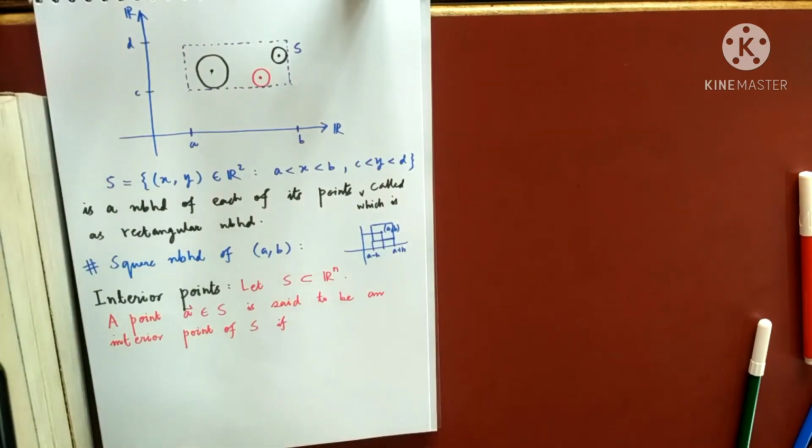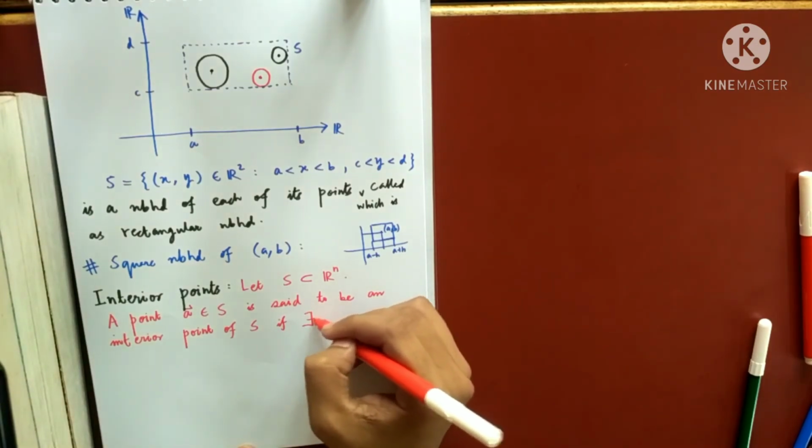if, I can simply say in two ways, if S is a neighborhood of A. I can also define it in that way: when can I say that A is an interior point of S? If S is a neighborhood of A, or what was the definition of neighborhood? I'll just write that.